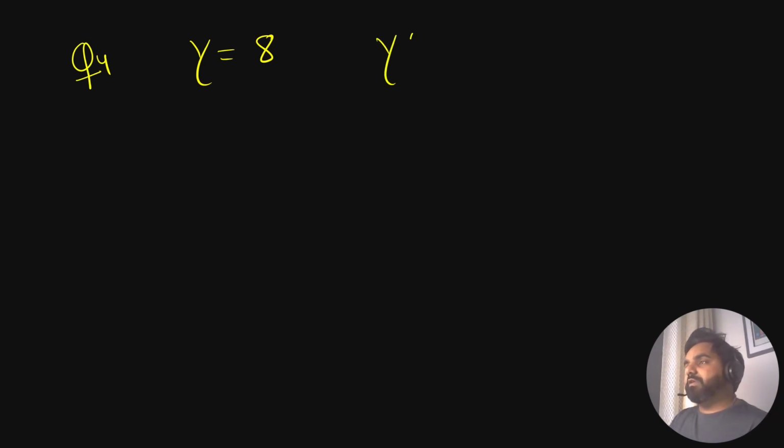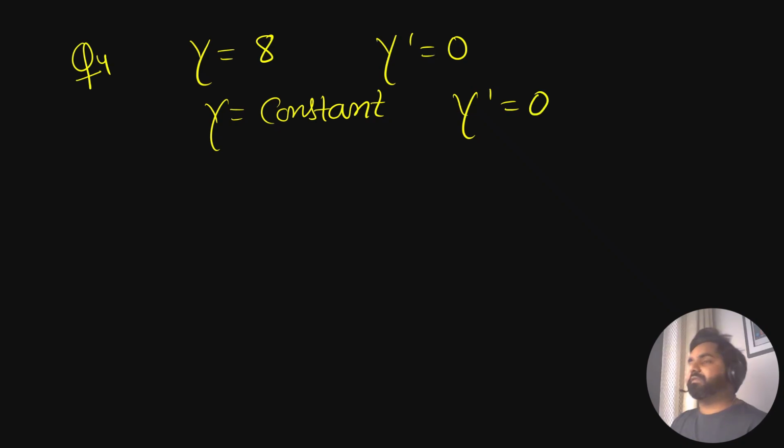The next thing I want to show you is how the differentiation of any number which is a constant, so y is equal to, let's say, 8, is always 0. If you have any constant number, the differentiation of that constant is 0. I can show you. y is equal to 8, so I can also write y is equal to 8 x to the power 0, because x to the power 0 is 1, so eventually it will become 8 only.